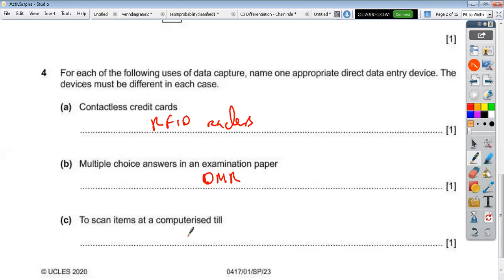What do you think we use at a computerized till? They could have said point of sale, it's just the same thing. A computerized till, that's a point of sale. What do you use?